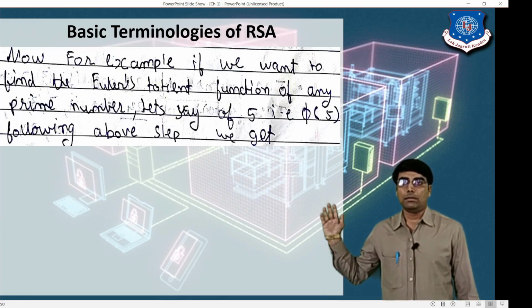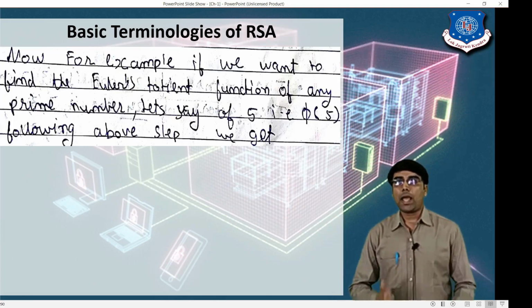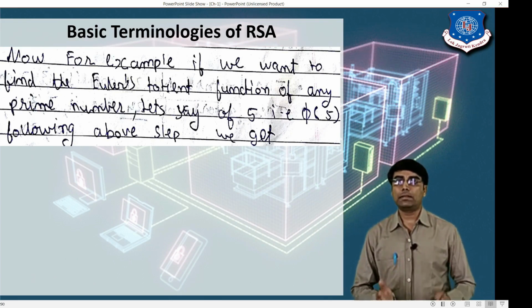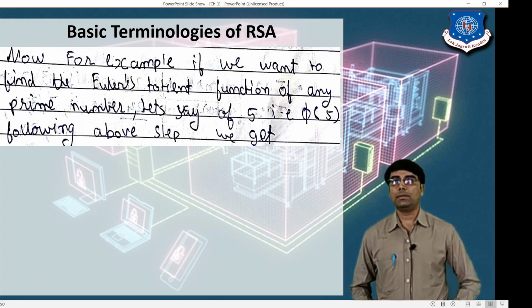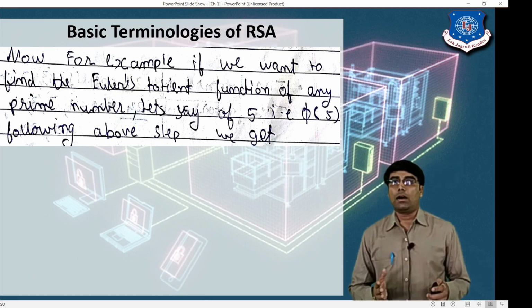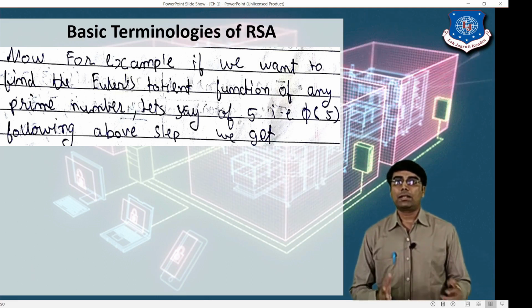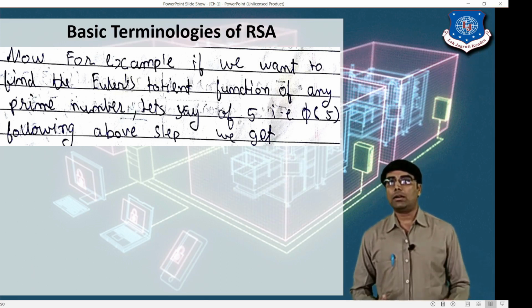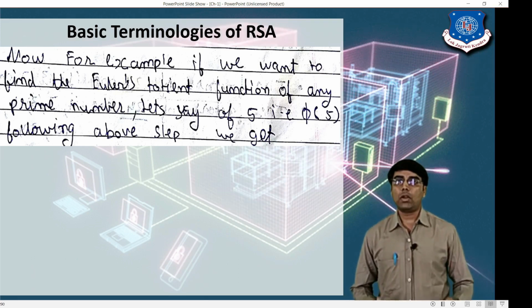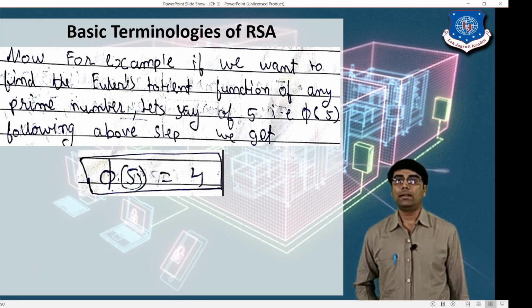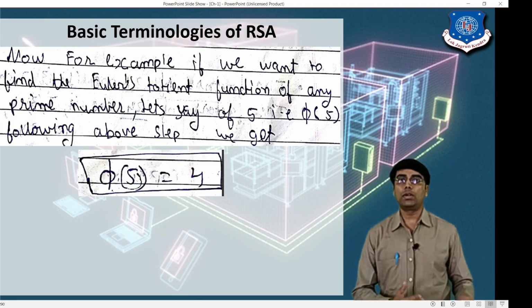Now, for example, if we want to find Euler's totient function of a prime number, let's say 5, following the above steps, we get phi of 5 equal to 4.